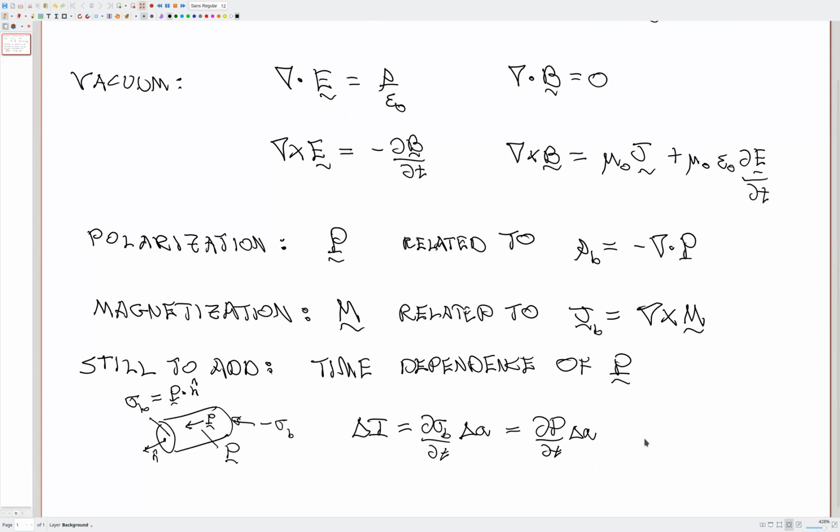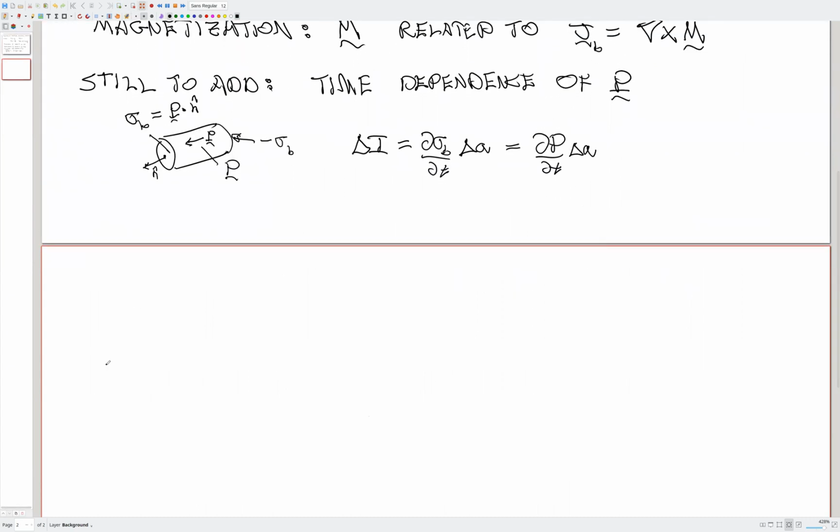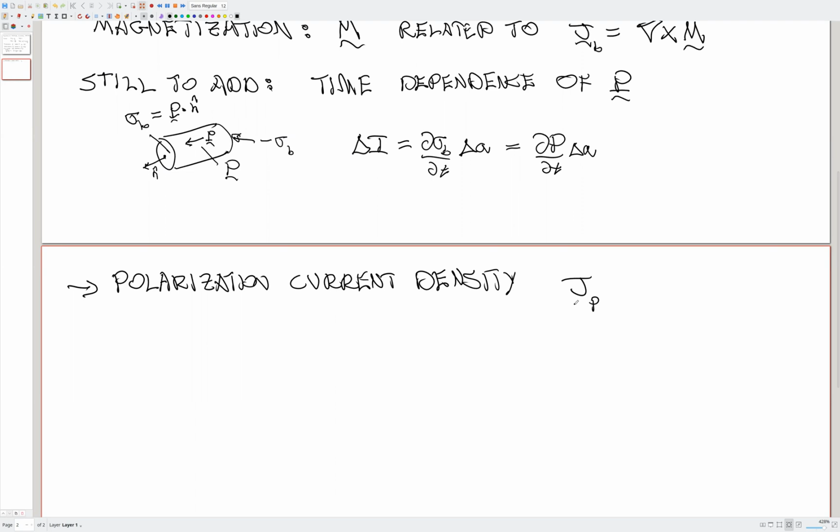Okay, so that leads us to defining a handy object which we call the polarization current density. And this polarization current density carries a very unfortunate symbol, JP.